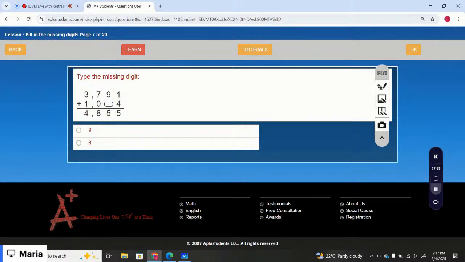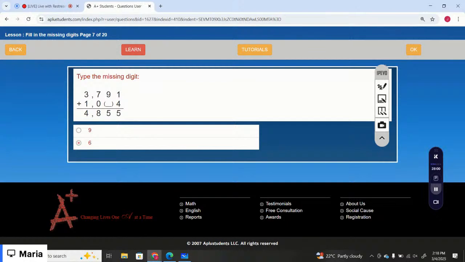Type the missing digit. The correct option is 4 plus 1 is 5. 9 plus 6 is 15.